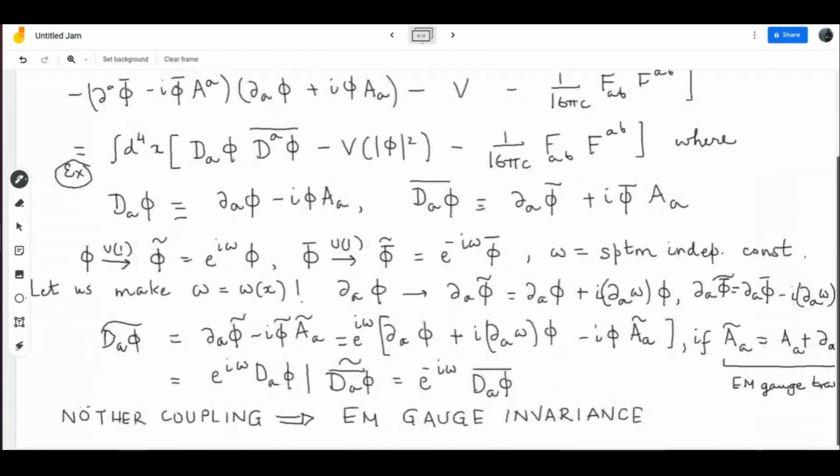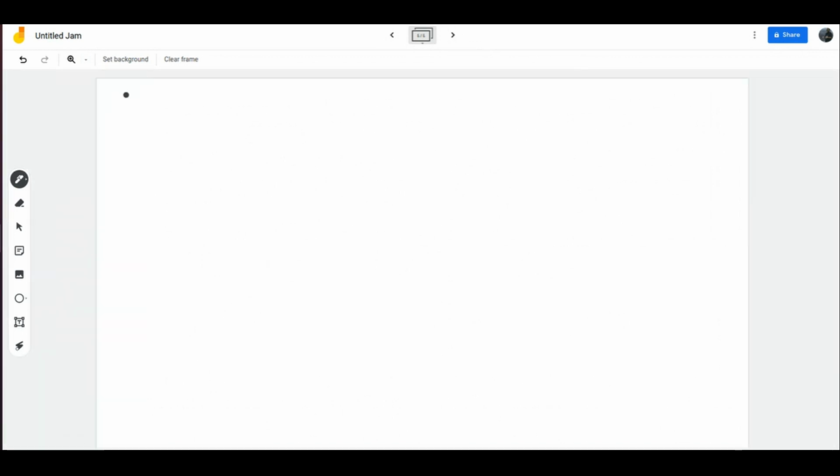So if you write it up, we go to the next page. Let me go to the next page and write out this full action. So what is this S_F? The S_F is the integral d^4x of D_A phi and its conjugate, D_A phi bar. We expand it out, and what we get is del_A phi bar.